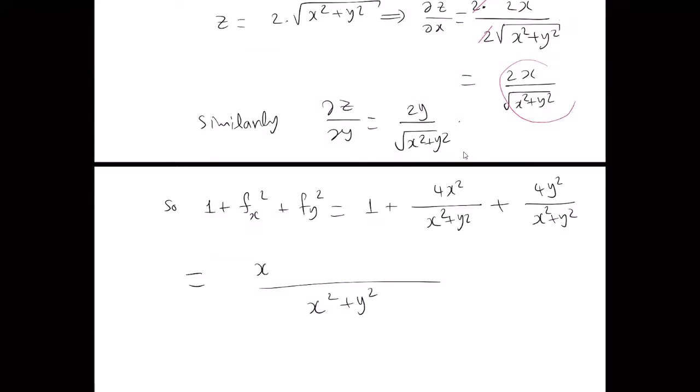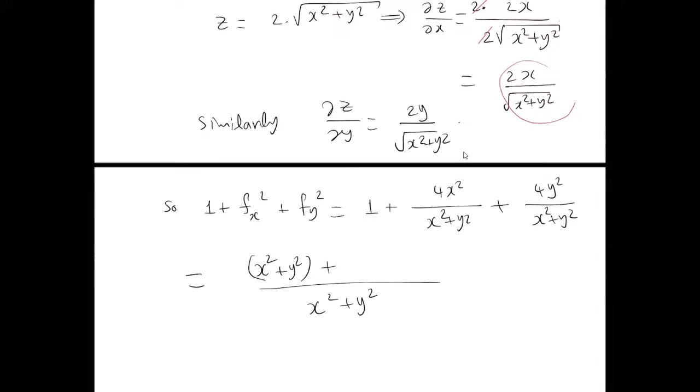You get 1 times x squared plus y squared, plus 4x squared plus 4y squared, over the same common denominator. You can also do it another way: add these derivatives first and then add the 1. Okay, it will be easier.